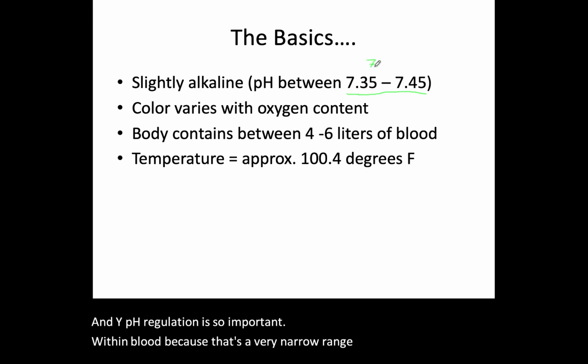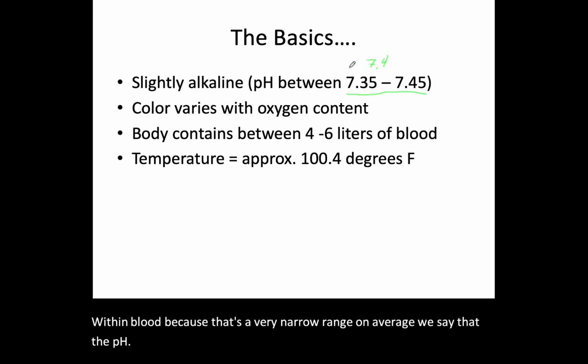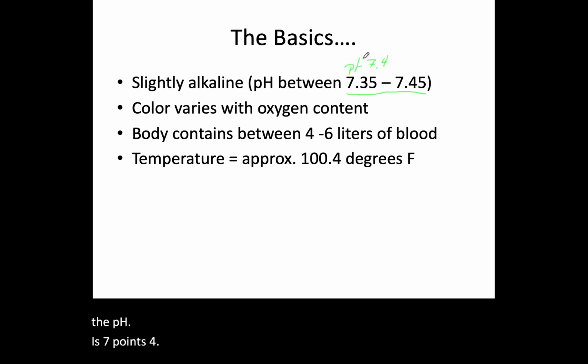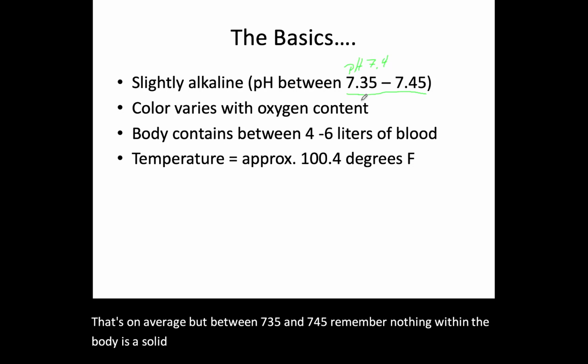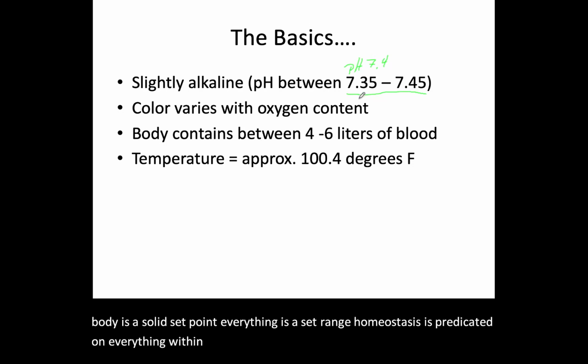On average, we say that the pH is 7.4. Right? That's on average, but between 7.35 and 7.45. Remember, nothing within the body is a solid set point. Everything is a set range. Homeostasis is predicated on everything within the body happening within a range.